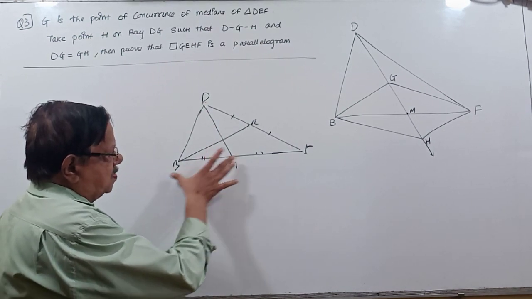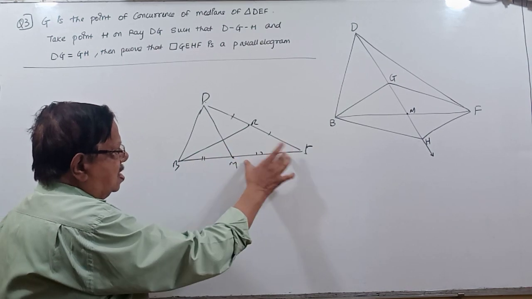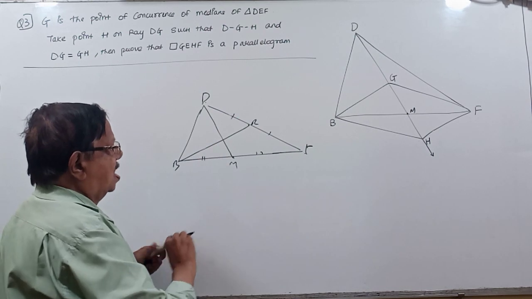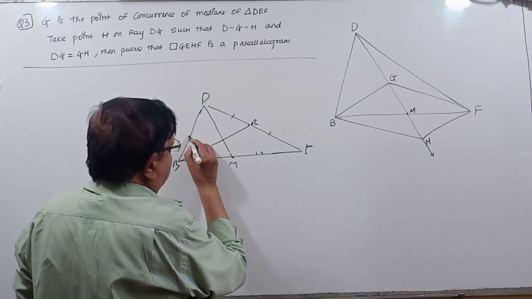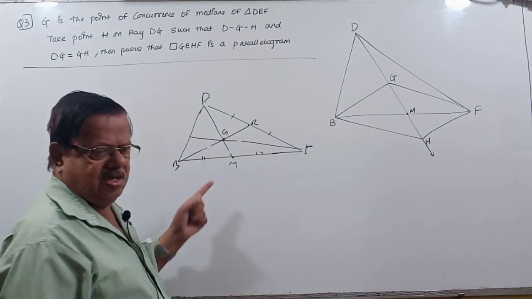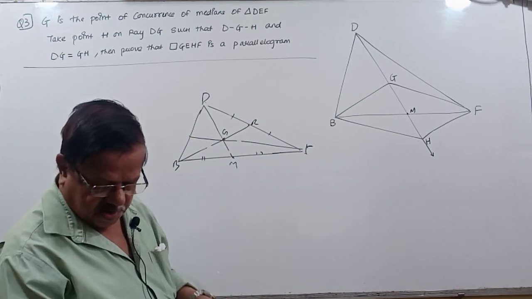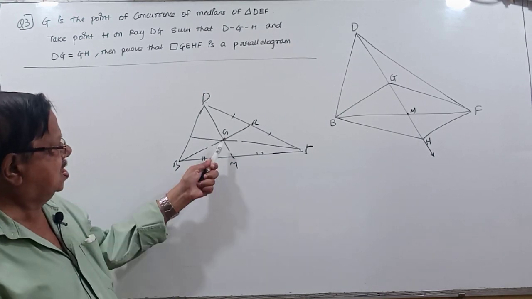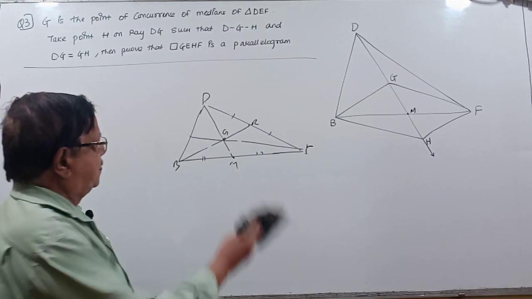M is the midpoint of this side, therefore this is equal to this. R is the midpoint of this, this is equal to this. Now all the medians meet at a point. This is called the centroid, which I have already said in one of my lectures. G is the point where all the medians meet.